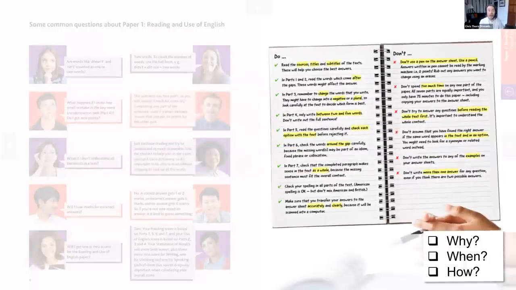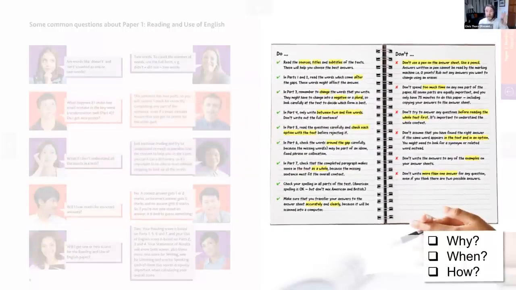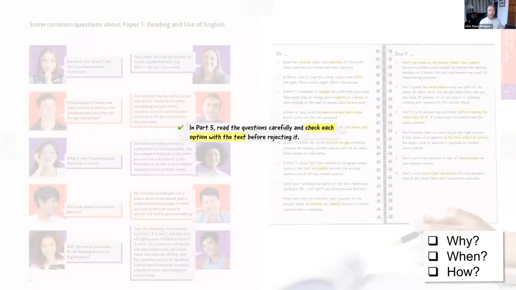Okay, and then over leaf, we've got a list of do's and don'ts. Now, these do's and don'ts relate very much to the paper 1, reading and use of English. You'll see that key information is highlighted. So again, I'd really like you to think about how you could use a resource like this in your preparation classes.